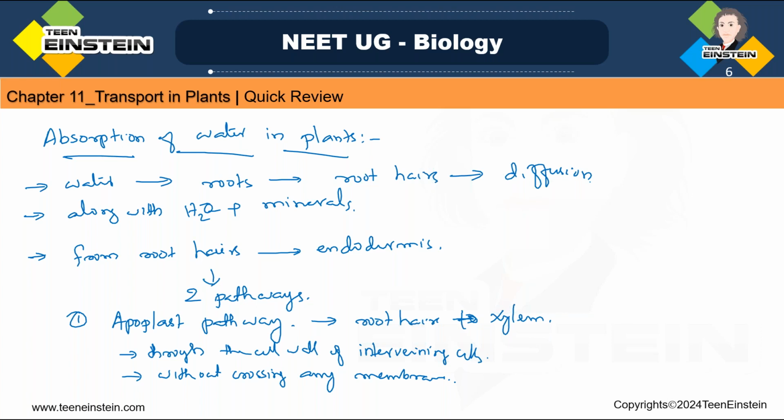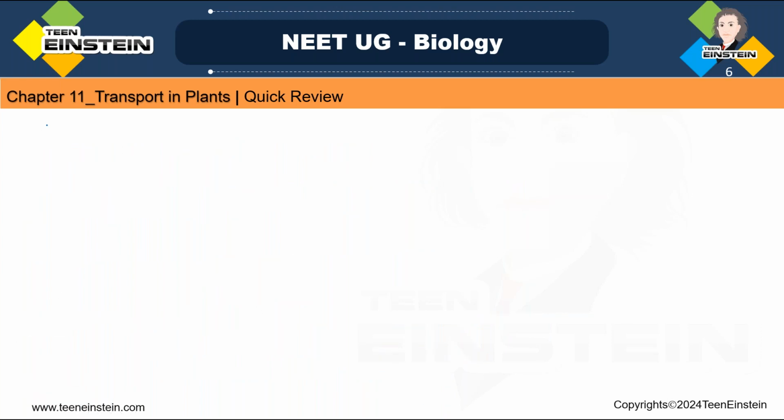Next comes the symplast pathway. Let's see what that is. We said there are mainly two pathways for water movement from root hair to endodermis: first the apoplast pathway, and second the symplast pathway.